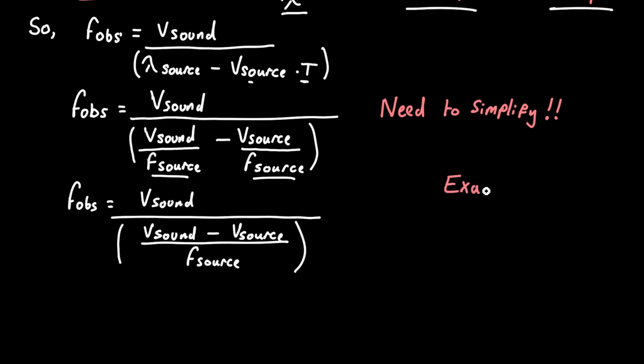Now, when we have a fraction in the denominator of another fraction, like we have here, we can simplify this by multiplying the numerator, so the top of the fraction, by the reciprocal of the fraction in the denominator.